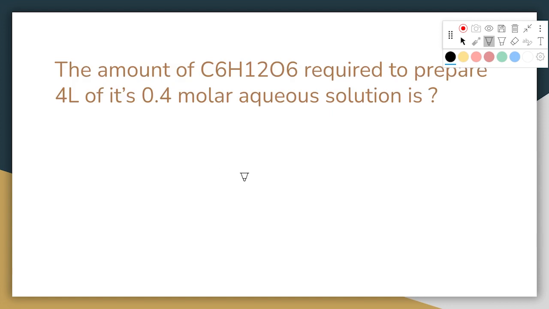Next, very important question. The amount of C6H12O6 required to prepare 4 liters of its 0.4 molar aqueous solution is. Simple. I'm taking one container. In this container, the examiner has given concentration 0.4 moles per liter.